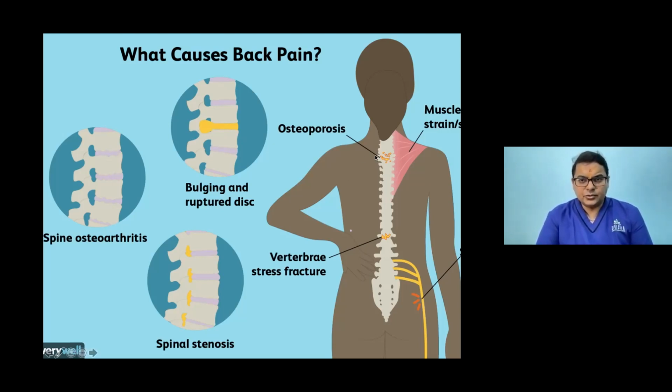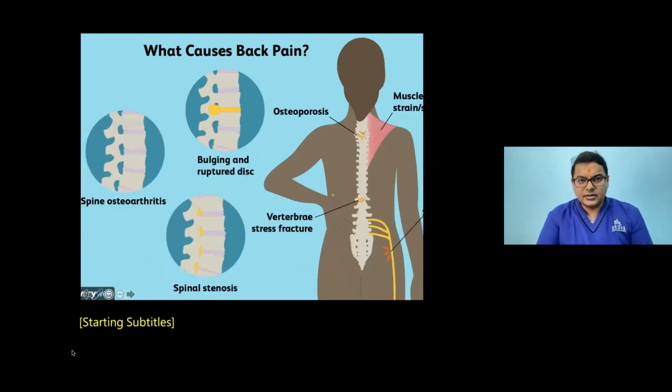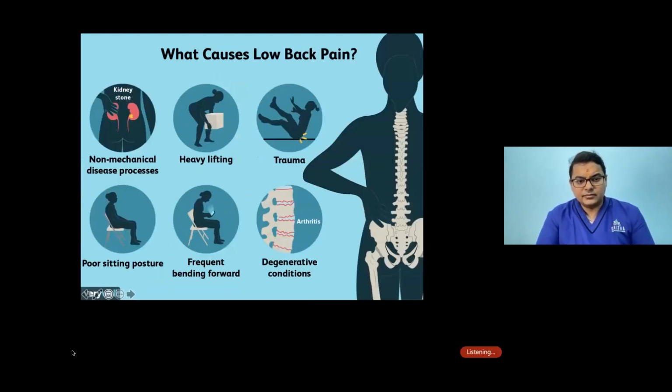Then you have osteoporosis. What I mean by that is the spine actually collapses. The shape of the spine collapses, and that causes a break in the vertebra. Sorry, let me just go back a bit.